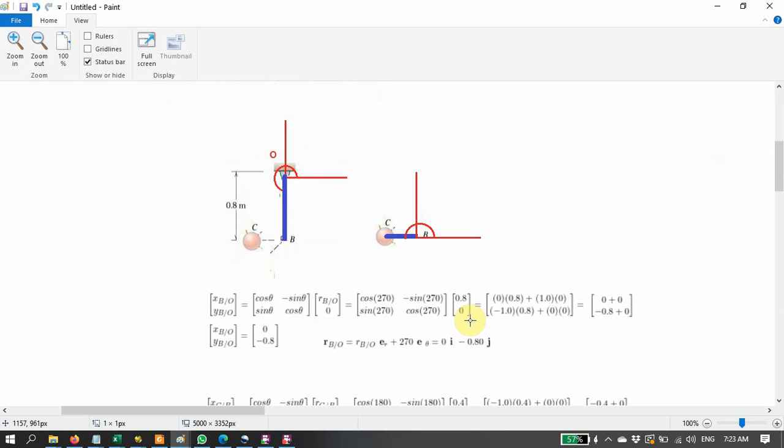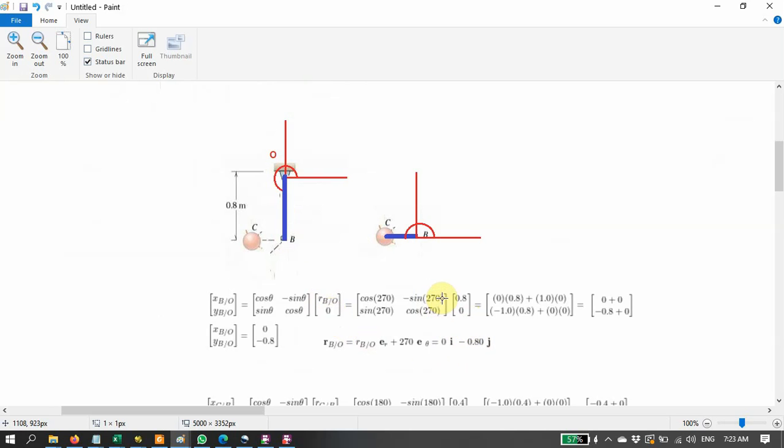Next, we look at the kinematic state at the final position. First, we look at the position vector for point B. From there, I'm also using the r and theta coordinate system and obtain the position vector in x and y directions.